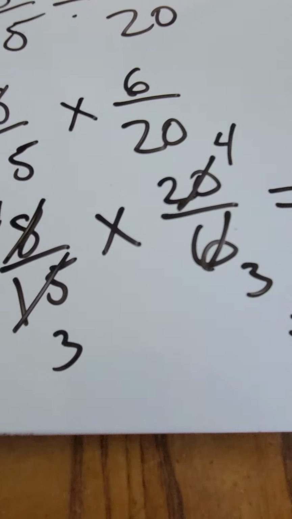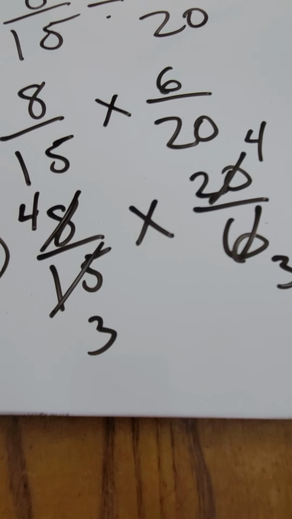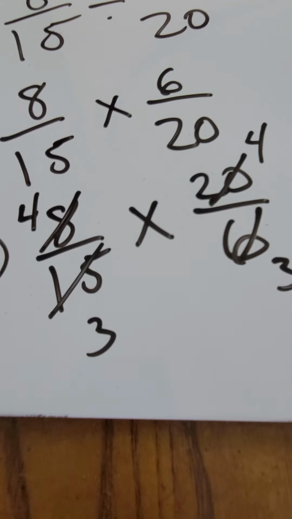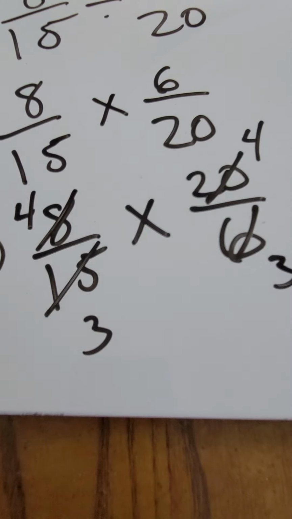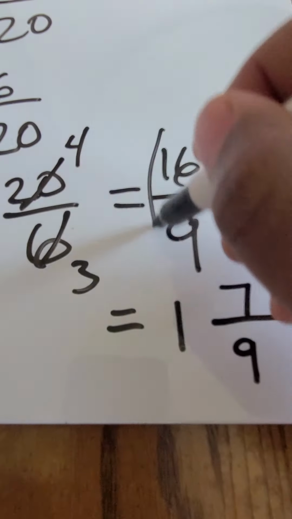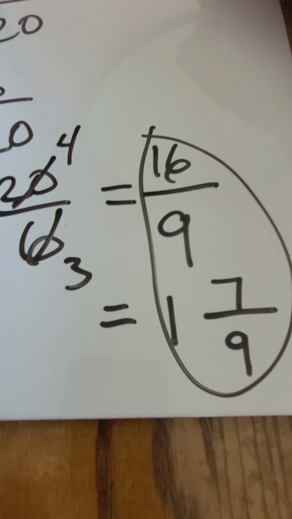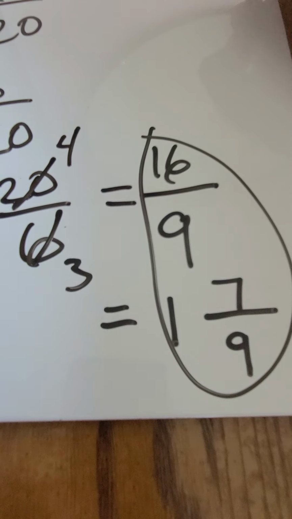Okay, and just to check that the answer will come out the same if we didn't simplify the fractions. Let's erase this part. Let's remember our answers. Okay, so we'll write them up here, 16 over 9 or 1 7/9.